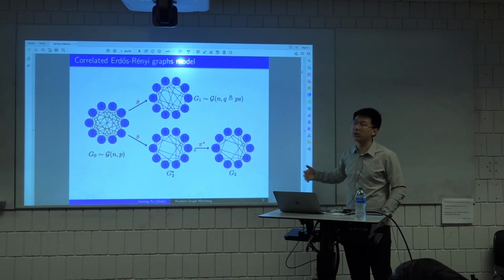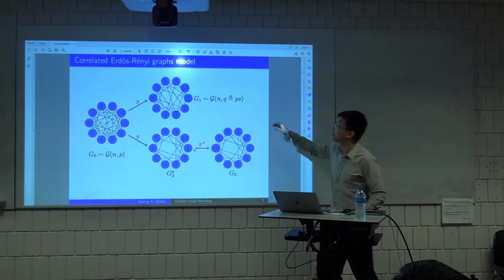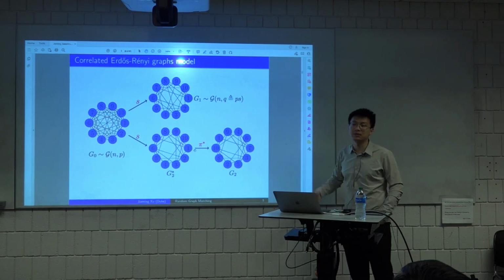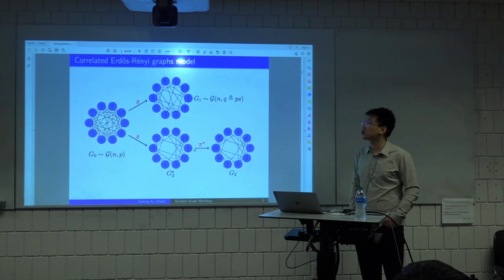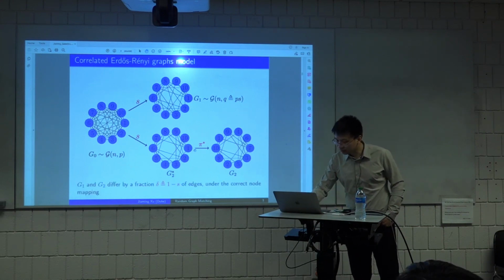This is what we call the noiseless case. But when s is less than 1, you will see some edge differences between G1 and G2. So you can think about this as a noisy version of the graph isomorphism problem. Make sense? Questions? Okay, good.